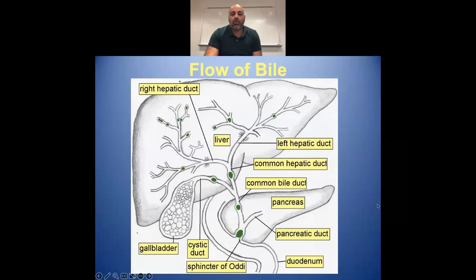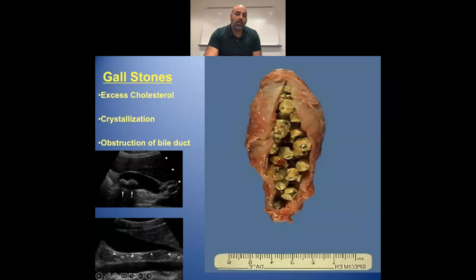That can be an identifier that they have gallstones. That's a gallbladder. There's the gallstones all in there filling it. This is a gallbladder. Those are gallstones right there. This is gallbladder cancer. They call it a porcelain wall. It'll start to get bright like that. That's a sign of gallbladder cancer. And these are just ultrasounds. So on ultrasounds, we can identify it.